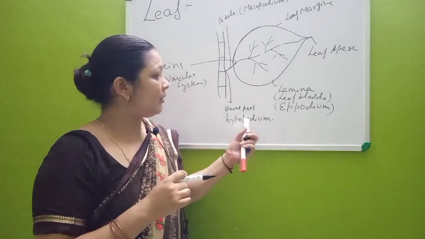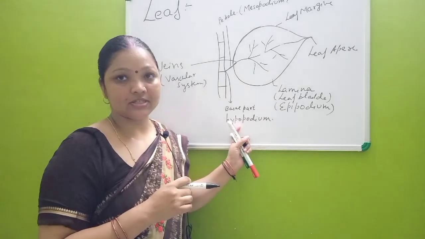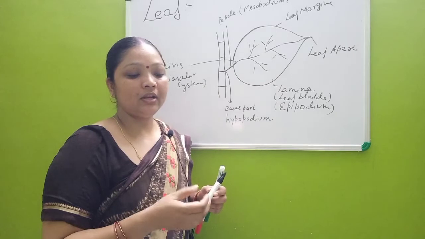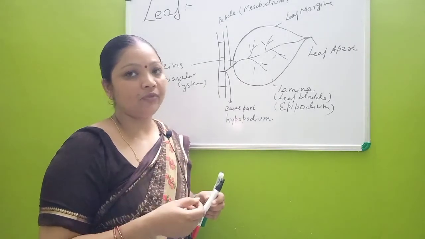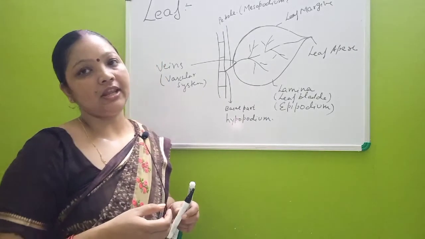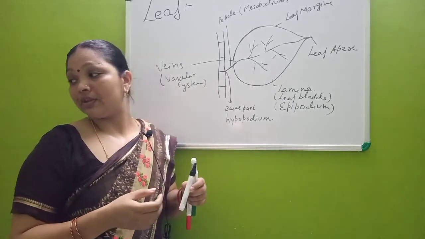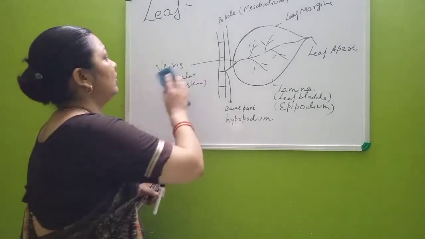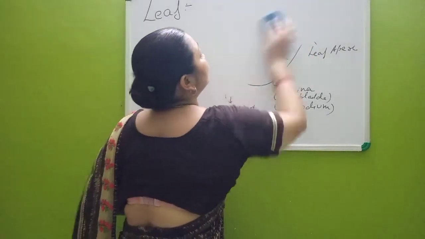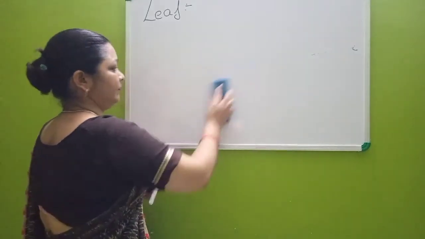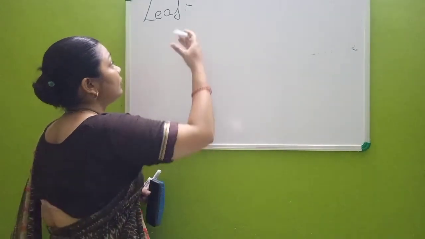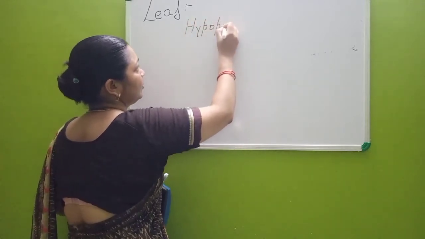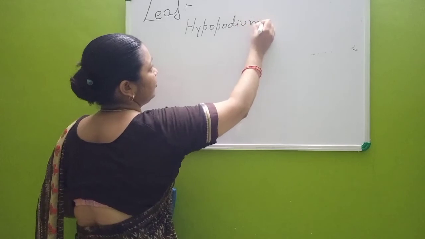Now we'll talk about the hypopodium first, the different types of hypopodium present in a leaf.